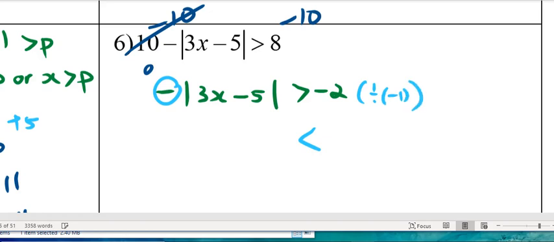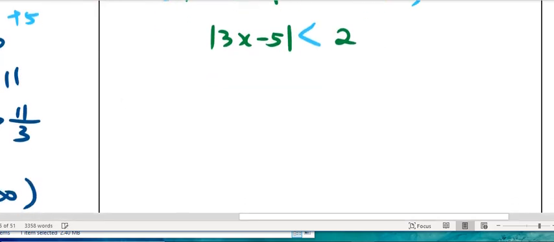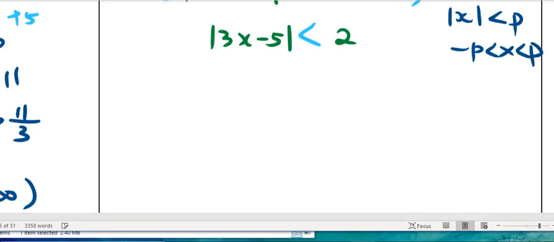So you have 3x minus 5 between negative 2 and 2. Obviously it applied the second condition, where less than p means between negative p and p. So just continue with your answer, between negative 2 and 2.